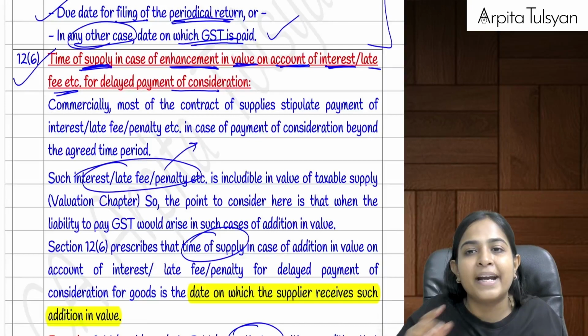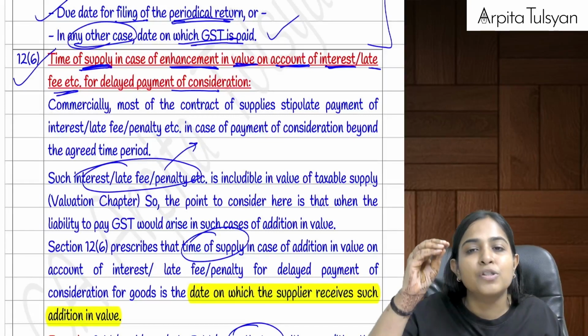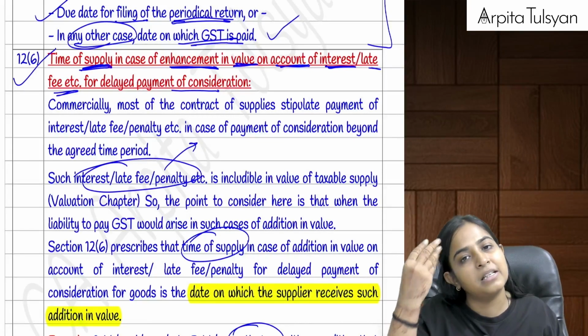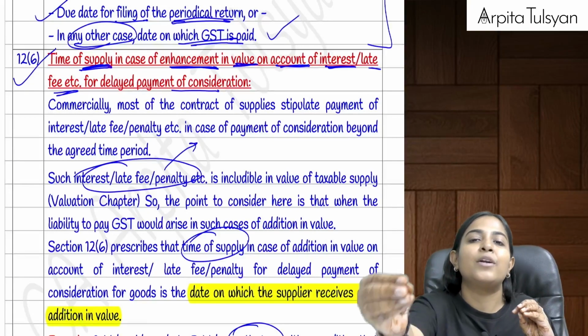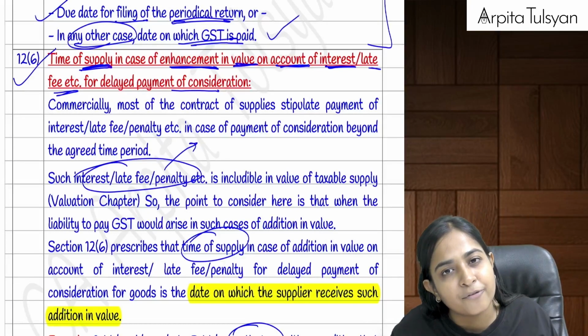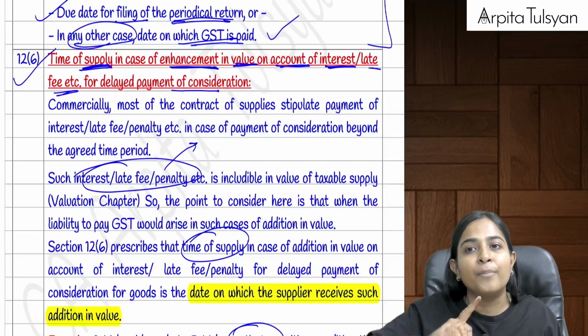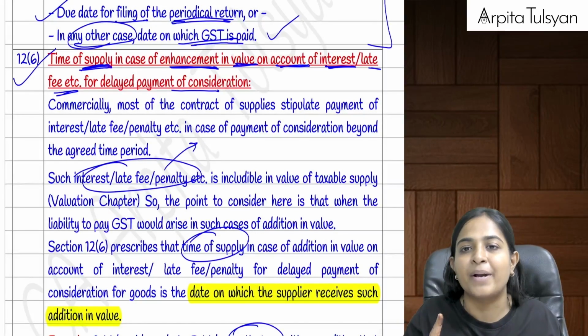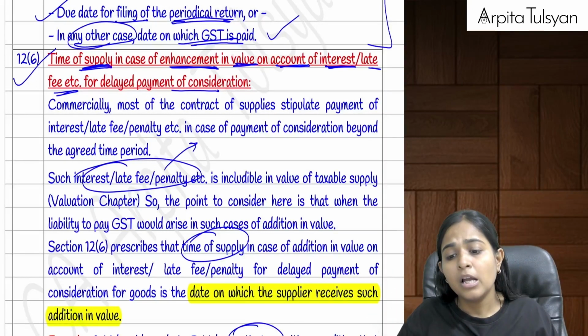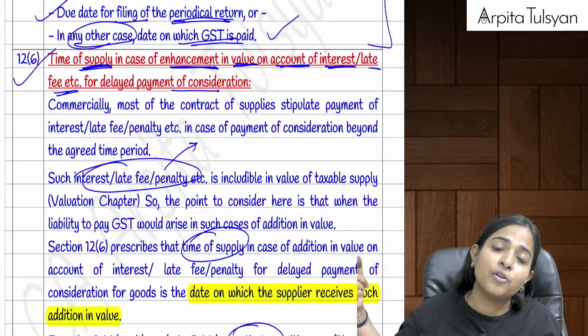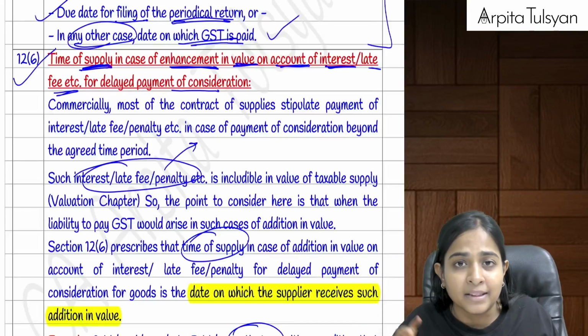Let's say I have supplied you goods worth 10,000 rupees plus GST added at the rate of 18%. So can I say I am required to receive 11,800 rupees from you? I told you that if you delay the payment beyond a period of 1 month, you are required to pay me 5,000 rupees extra. So you gave me 5,000 rupees extra also after a month or so.